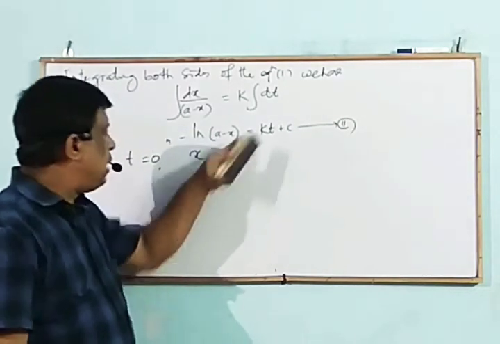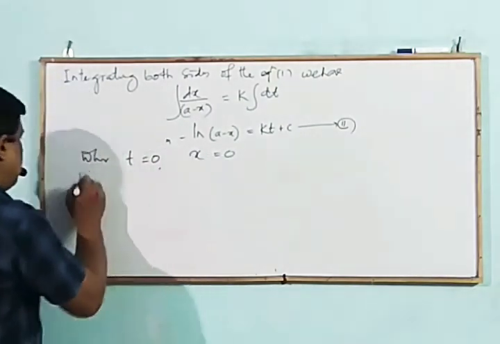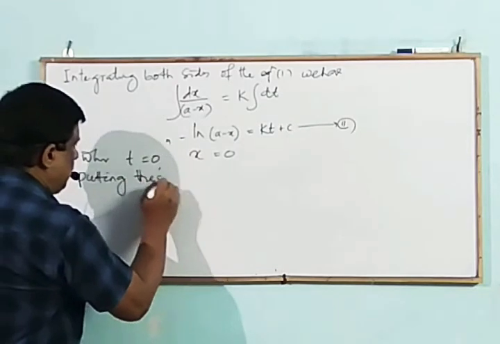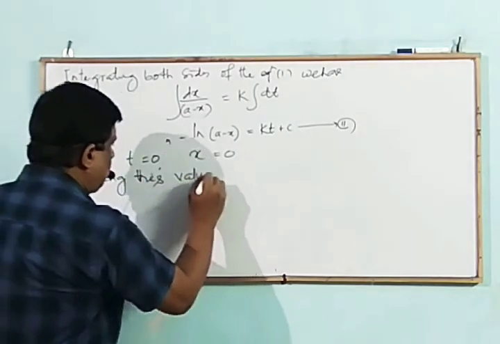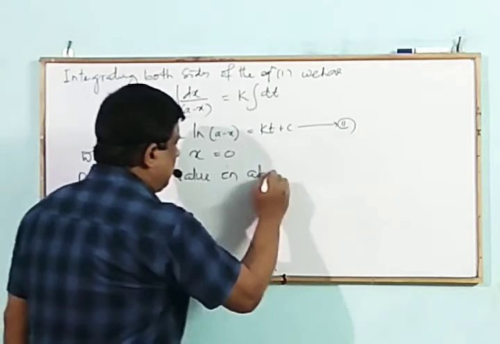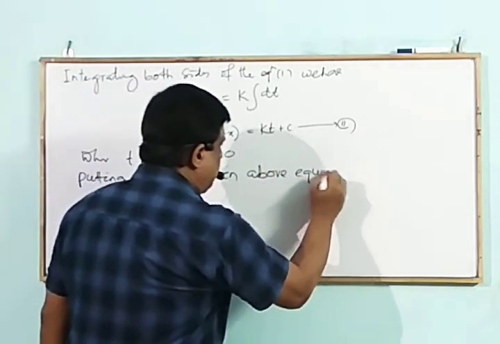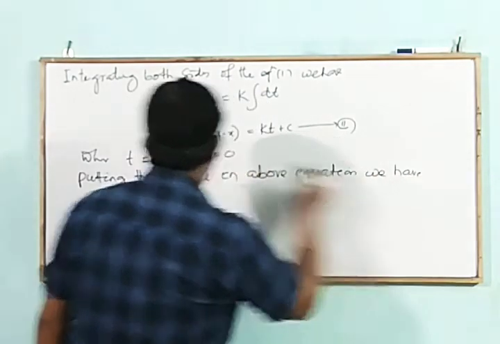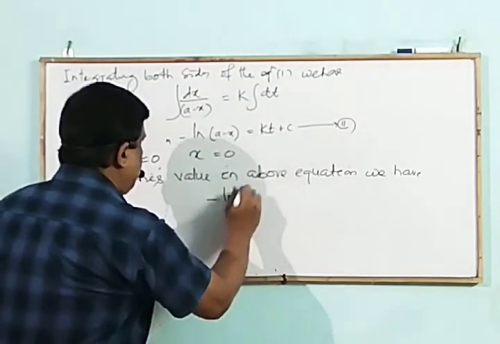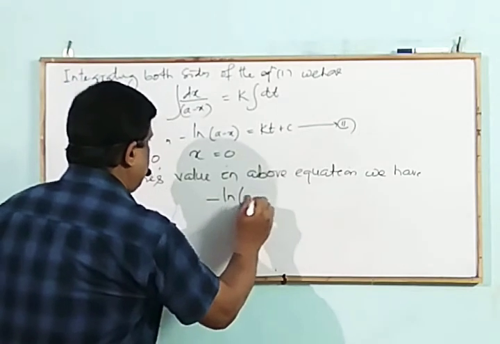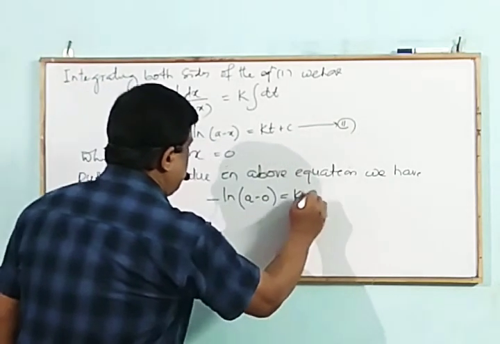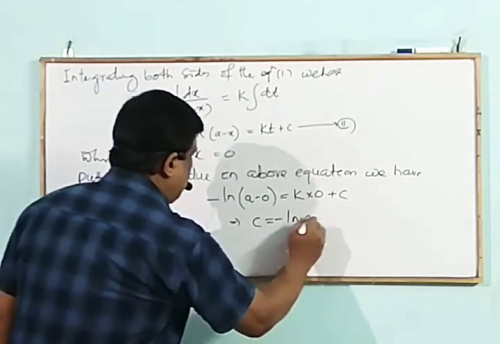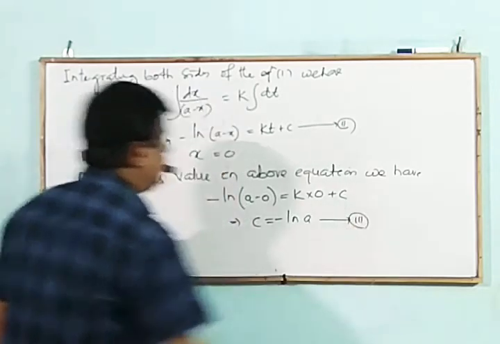So putting this value in the above equation, we have, mark that, minus ln a minus 0 is equal to k into 0 plus c. That means c is equal to minus ln a, equation 3.